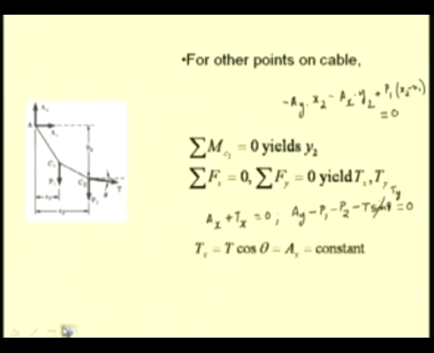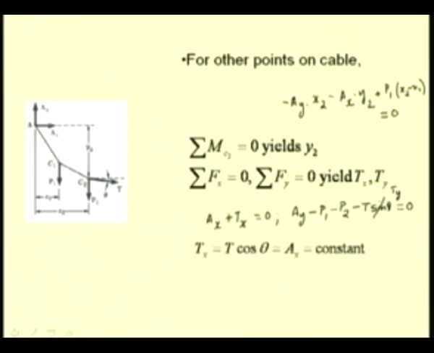It is interesting to note that the horizontal component of the tension, that is Tx, which is T cos theta, is equal to this reaction Ax for all the segments. So, even if we consider the free body diagram of the cable for the portion AC1 or for a portion in between C1 and C2, at any point the horizontal component of the tension is equal to Ax.